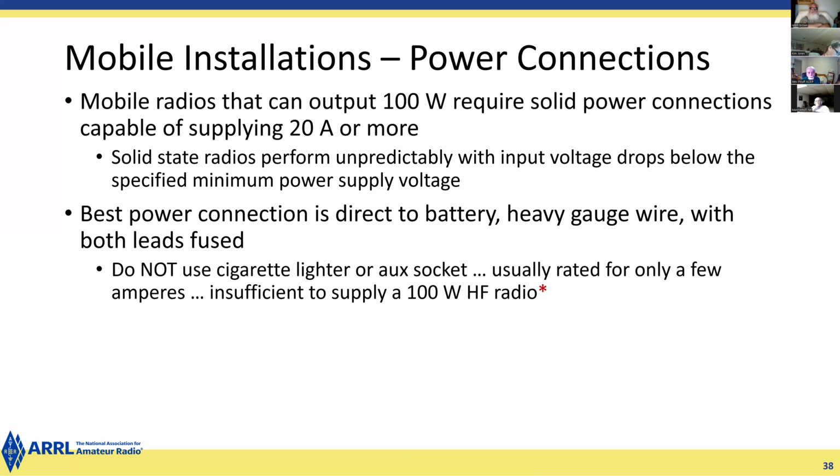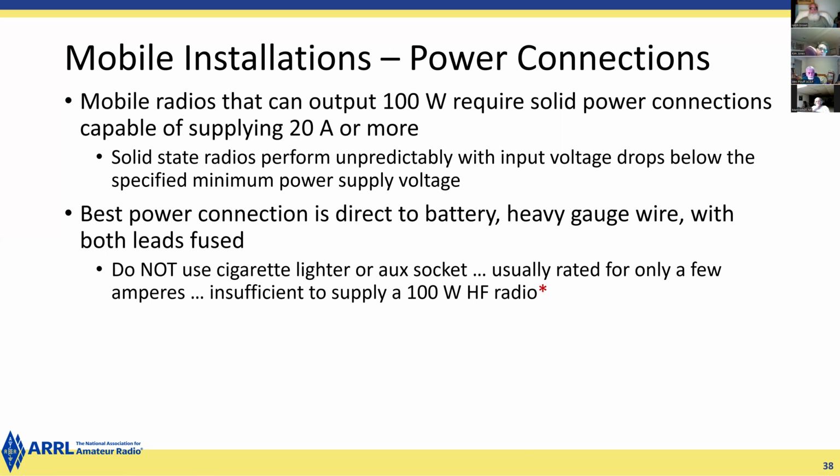So what you need to do is make sure you have a good solid connection with large wire sizes directly to the battery, these heavy gauges. And for safety's sake, you put fuses in both wires, both the positive and the ground wire.